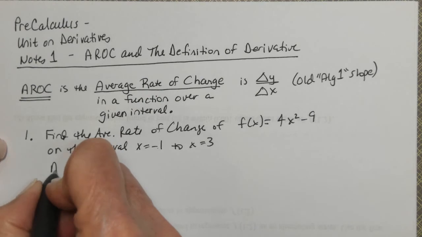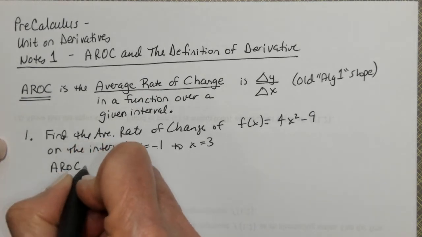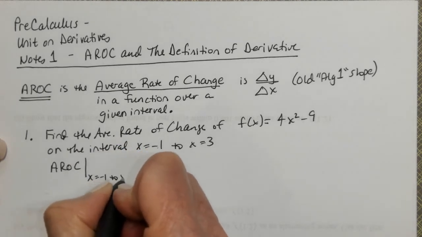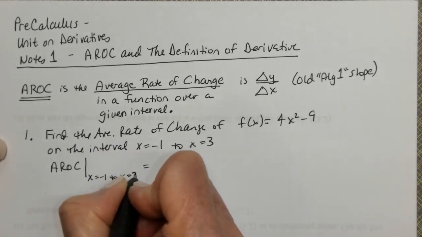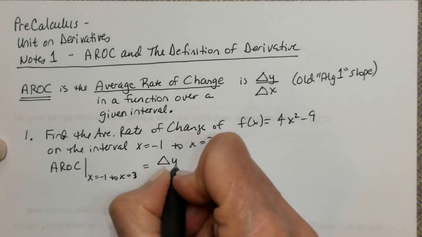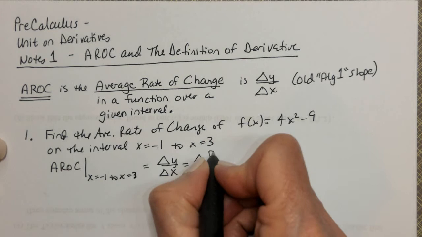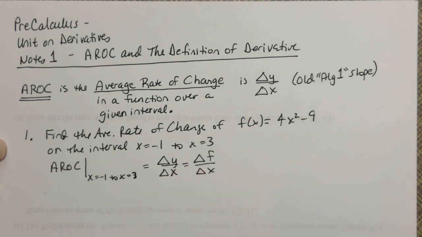So the average rate of change, AROC, from x is equal to negative 1 to x is equal to 3 would be, I think of it as just change in y over change in x. Since y is f here, it'll be change in f over change in x.